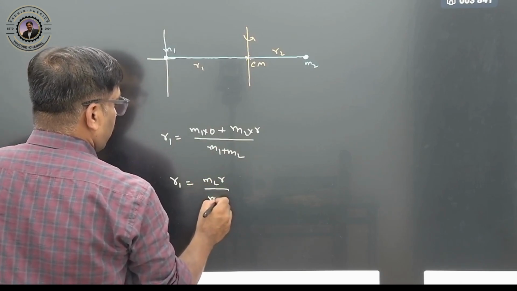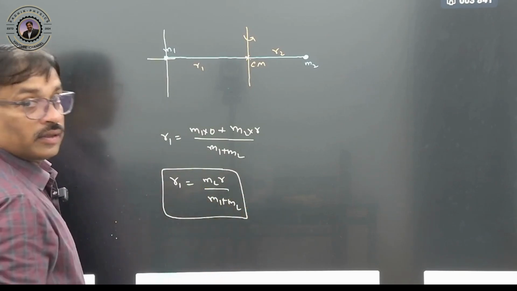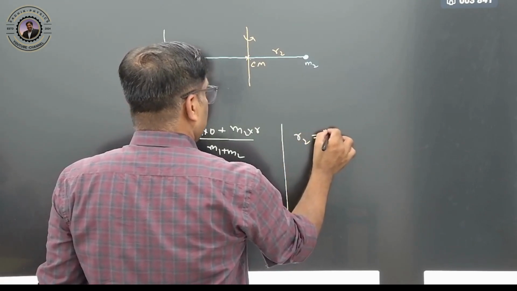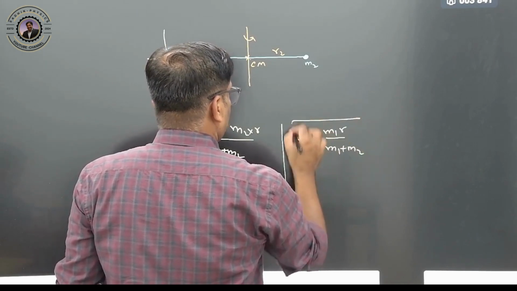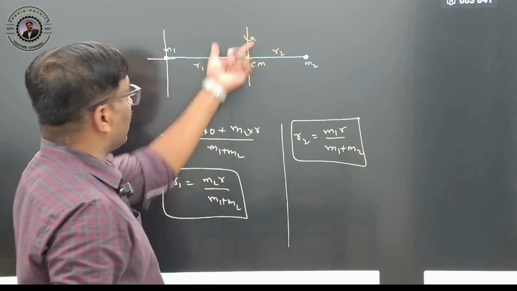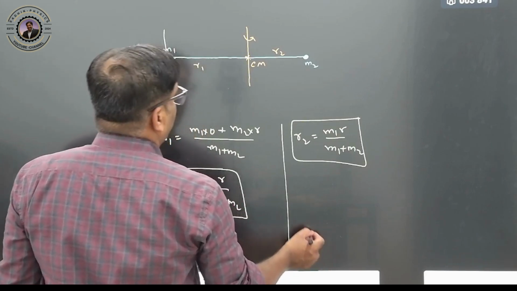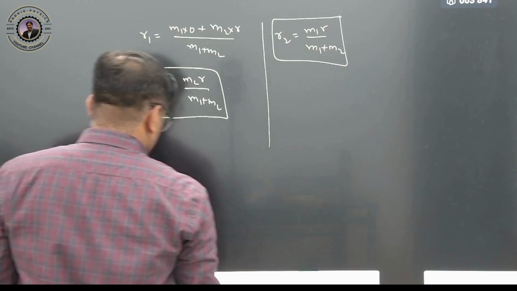It is m2 into r by (m1 plus m2). Clear? Similarly, r2 we can rewrite as m1 into r by (m1 plus m2). Clear? So now we want to calculate the moment of inertia about an axis passing through the center of mass. Now we got r1 and r2, so we can write it very simply.